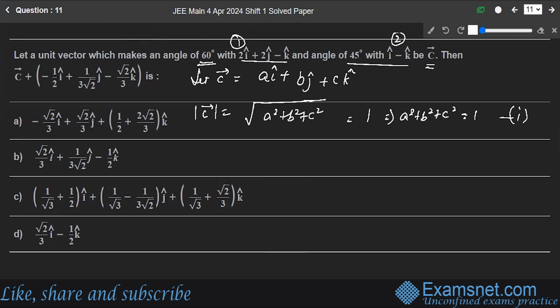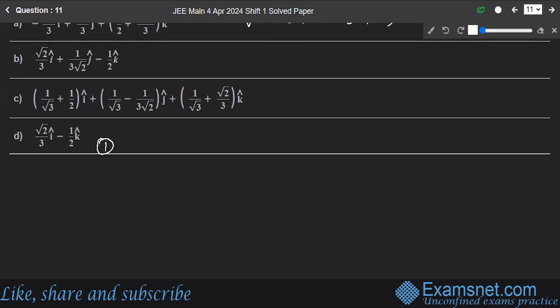Let's pick up both of them. So, the dot product of the C vector and 2i plus 2j minus k is equal to the magnitude of C vector times the magnitude of this vector, multiplied by cos of the angle between them.